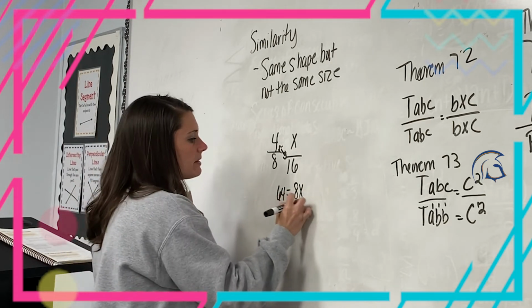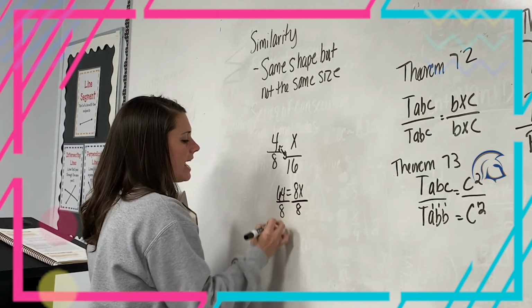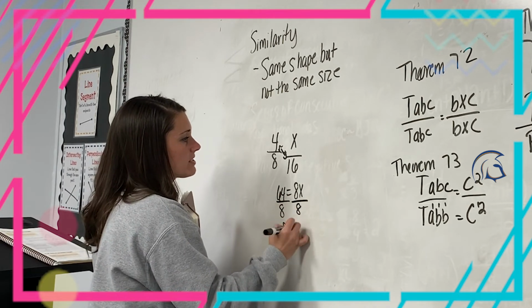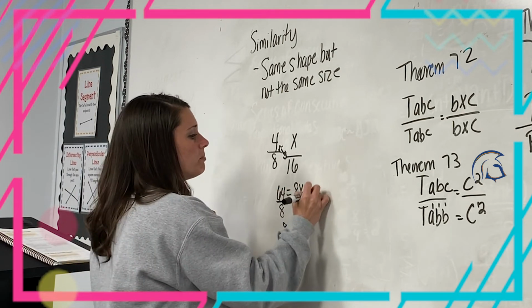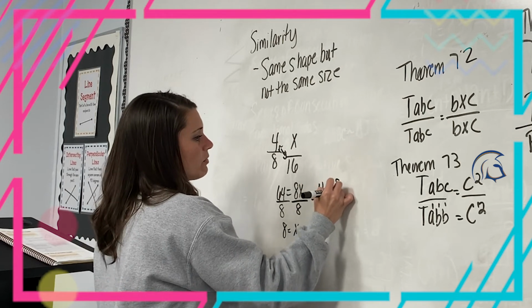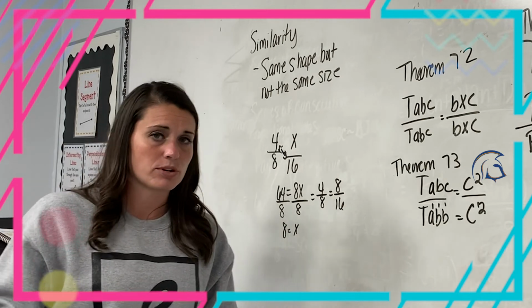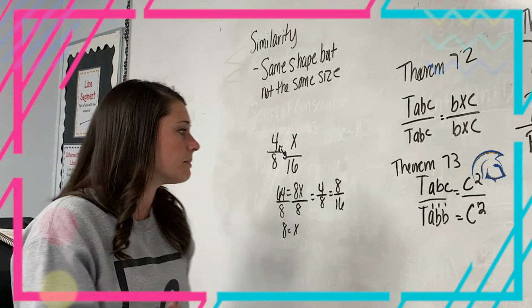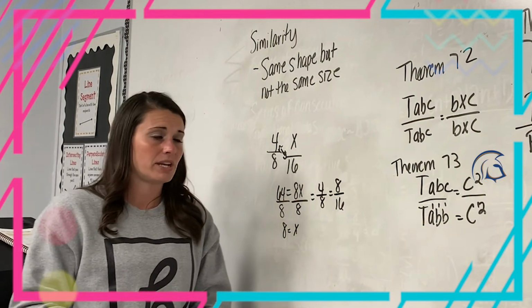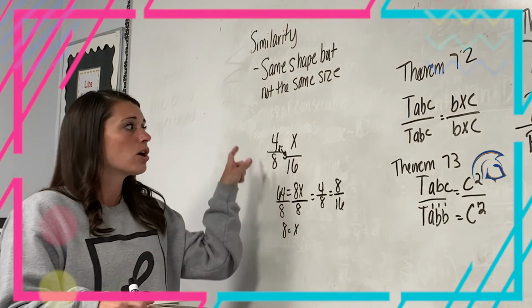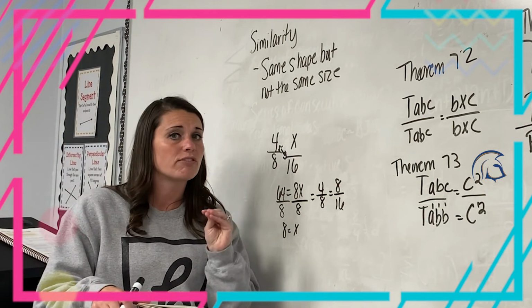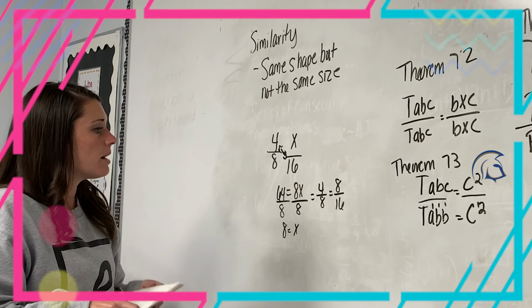Go ahead and divide by 8 to get x, and 8 equals x. So your proportion would be 4/8 is equal to 8/16. That is how you find proportions. When you do your proportion assignment, this is what you will be doing. Set them equal to each other, cross multiply, and solve for the missing one.